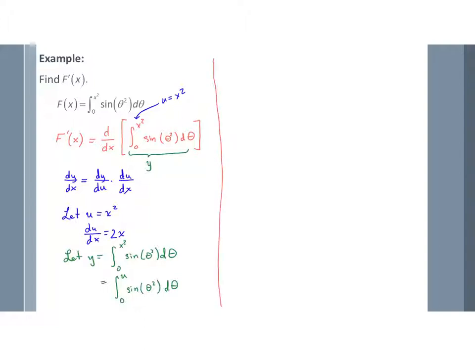Now, as we look at what we've arrived at, we have f prime of x equals the derivative with respect to x of the integral from 0 to x squared of sine of theta squared d theta. But that is the same thing as the derivative of y with respect to x, which we know is the same thing by the chain rule as dy/du times du/dx.